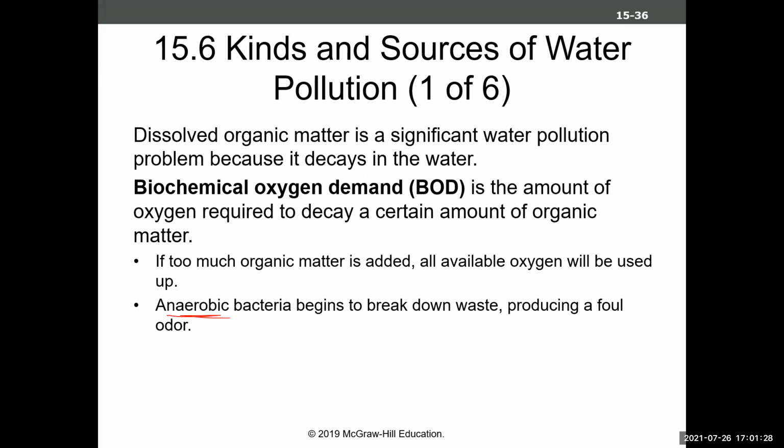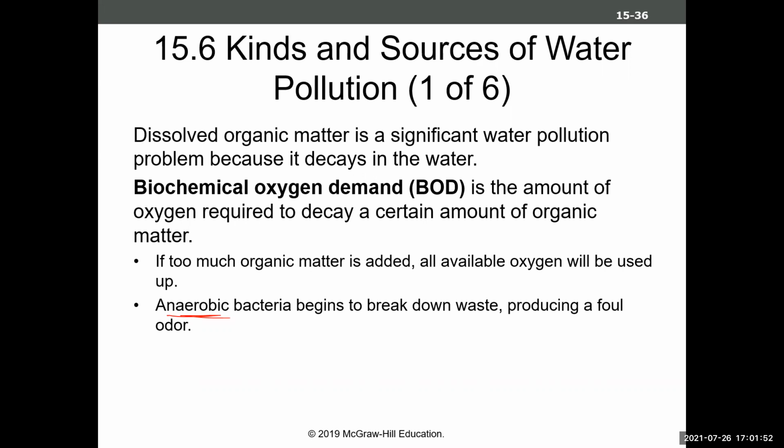And so if you've ever been around a wetland or a place that has a lot of organic matter kind of on the floor of the oxygen or water layer, then it will lead to low dissolved oxygen, because all of that organic matter is going to be broken down.